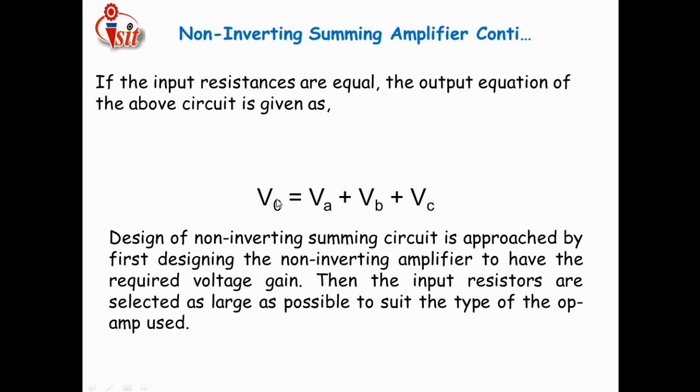For that reason, V out is equal to VA plus VB plus VC. Simply all the inputs are added here. The design of a non-inverting summing amplifier circuit is approached by first designing the non-inverting amplifier to have the required voltage gain. Then the input resistances are selected as large as possible to suit the type of op-amp used.